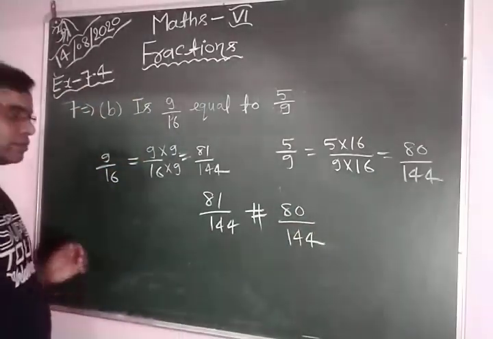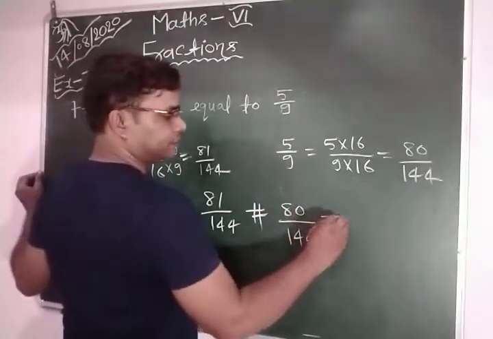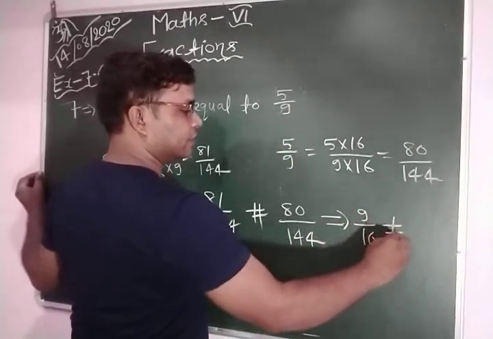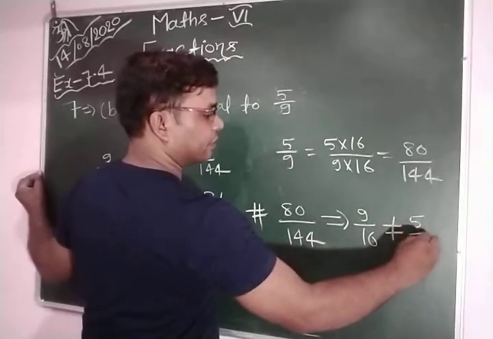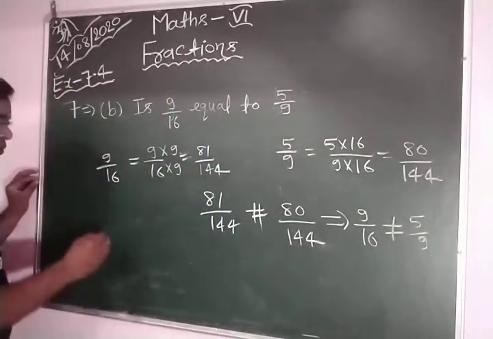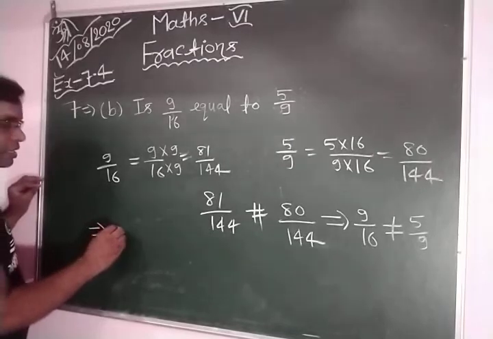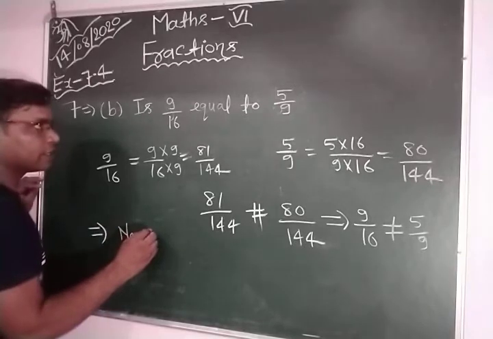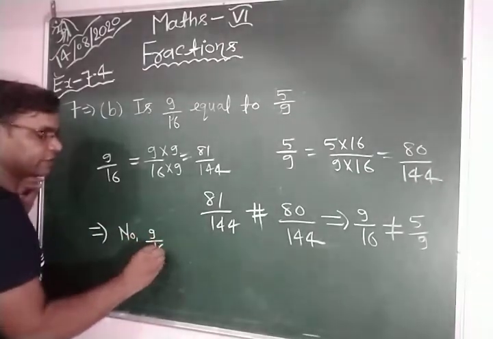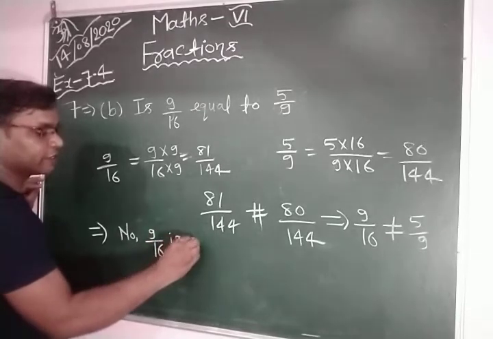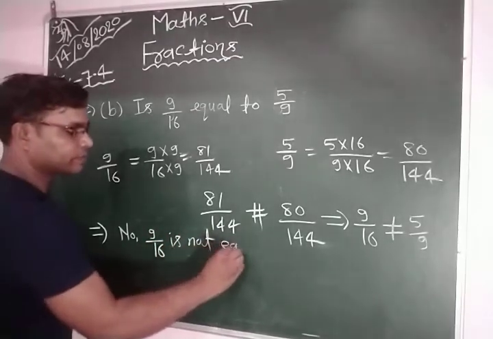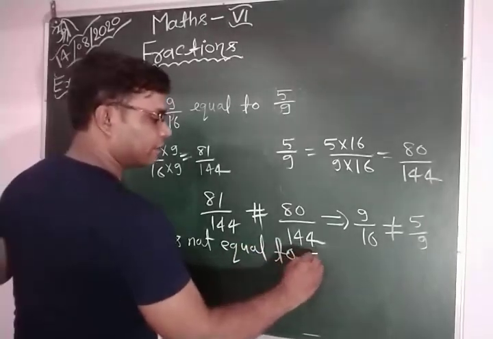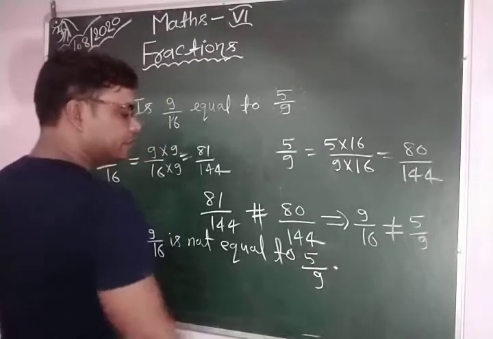So obviously this implies that 9 by 16 does not equal 5 by 9. So you can write here: no, 9 by 16 is not equal to 5 by 9.